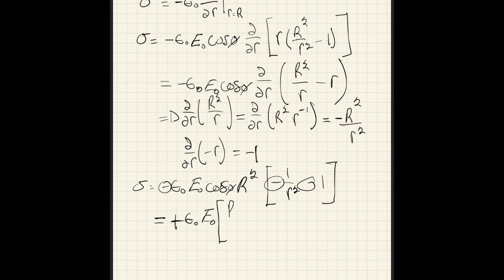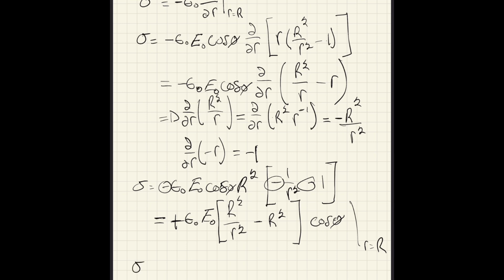And then we get r squared over r squared, minus r squared, and then cosine phi. But remember, we have to evaluate this at r equal to capital R, because we want the surface charge density at the surface.